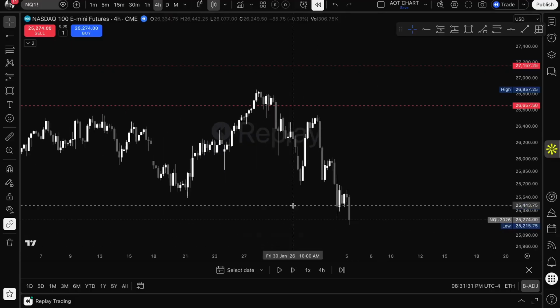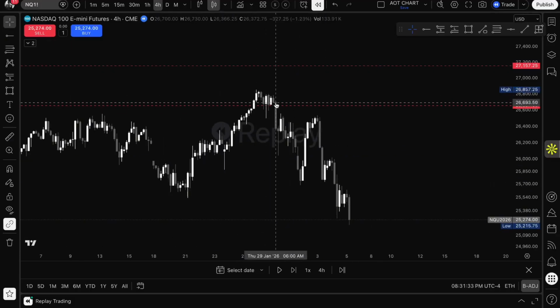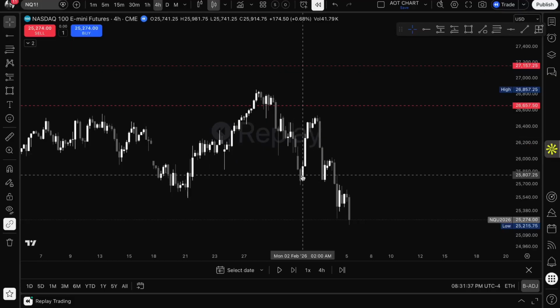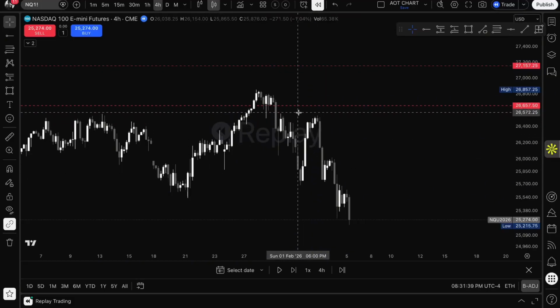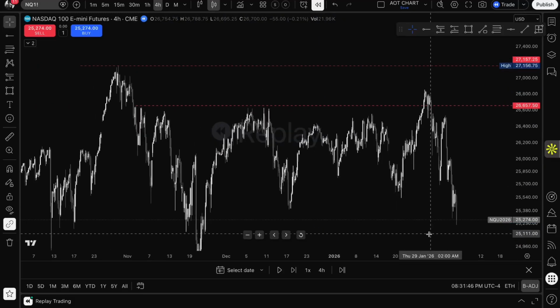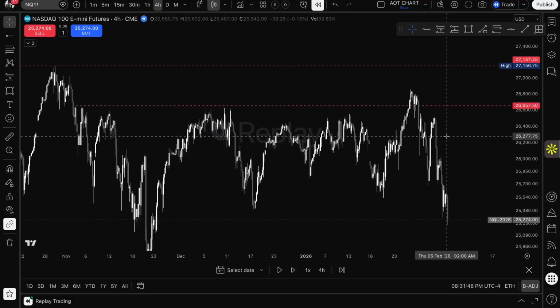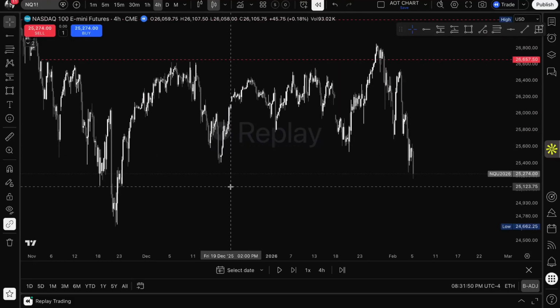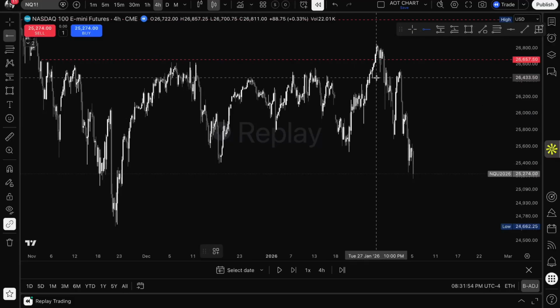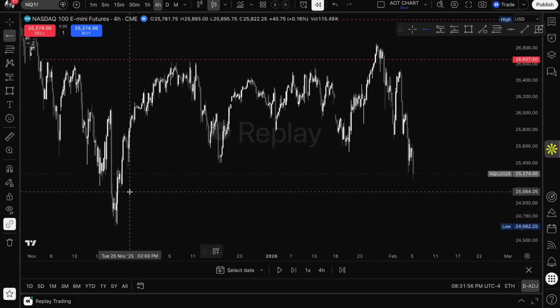Then I zoom in a little bit more. We start making lower lows. Price pulled back higher, tried to take these highs, failed to take these highs, and then started dumping lower. So we took these highs, we're making lower lows on the higher time frame. Where could price be wanting to go, and why is it going lower?